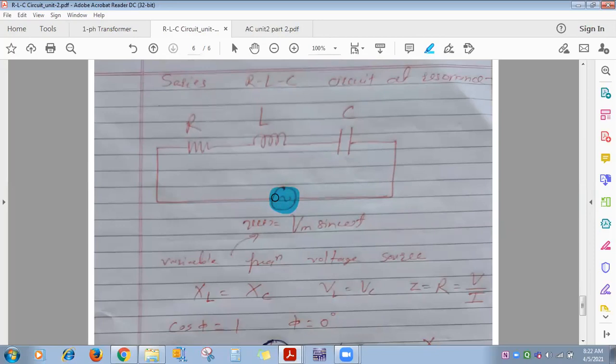Okay, so can you tell me, if you go on changing frequency, will it affect the value of resistance? No, it doesn't.